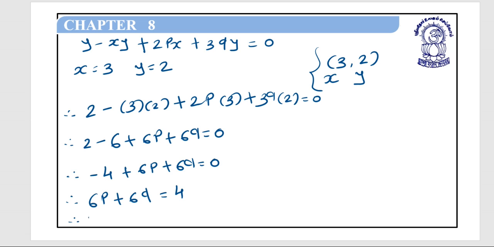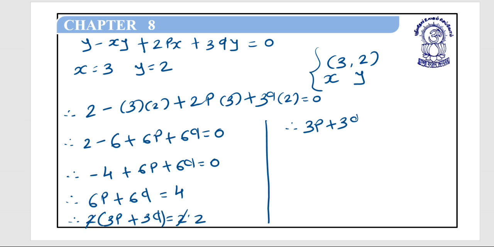So 2 common, 3p plus 3q is equal to 2 into 2, 2 cancel. So 3p plus 3q is equal to 2. Now solve this equation.